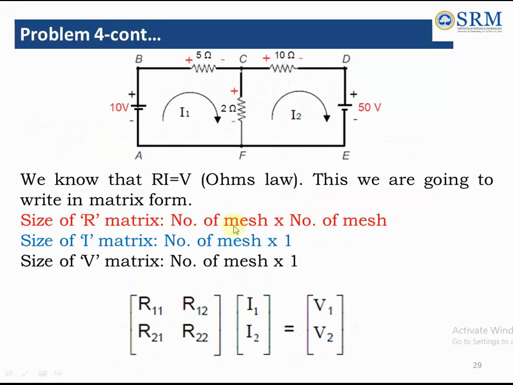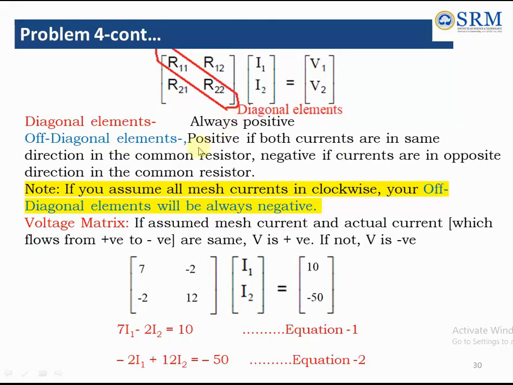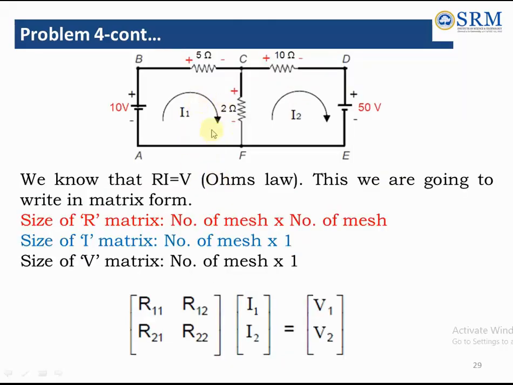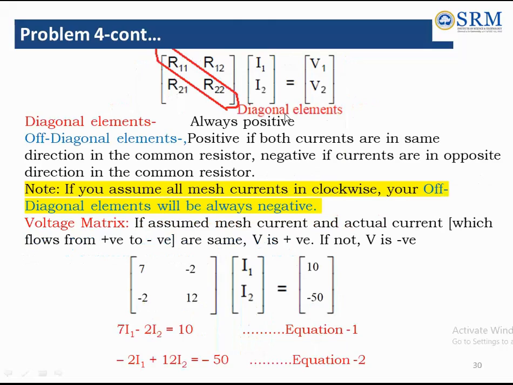In the middle resistor, this is common, the 2 ohms, and it is going to be negative if the currents are in opposite directions. We assume the mesh currents in clockwise, so our off-diagonal elements will always be negative, because we consider the current in the common resistor. If you see, I1 is coming from top to bottom, and I2 is going from bottom to top. Since we assumed clockwise, it is always going to be negative only.